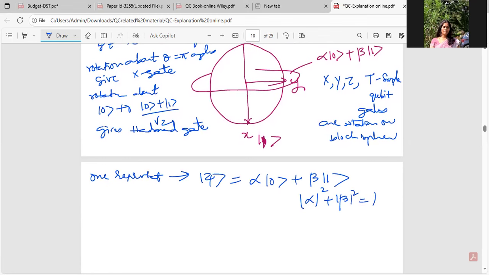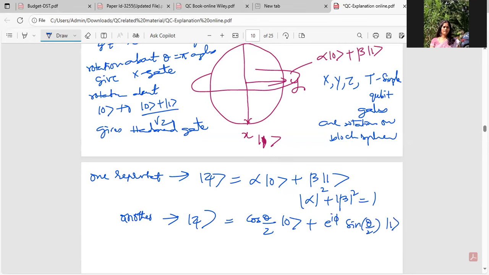Now, there's one more way of writing ket. Another representation is ket xi equal to cos theta by 2 ket 0 plus e power i phi sine theta by 2 ket 1. This is another notation.